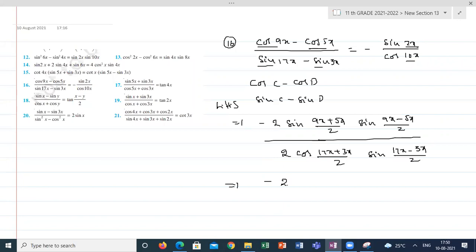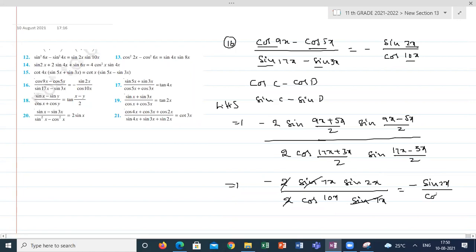The numerator is minus 2 sin of 14x by 2, that is sin 7x, sin of 4x by 2, that is sin 2x. Divided by 2 cos of 20x by 2, that is cos 10x, and sin of 14x by 2, that is sin 7x. Sin 7x cancels, 2 cancels. Finally, what remains is minus sin 2x by cos 10x.